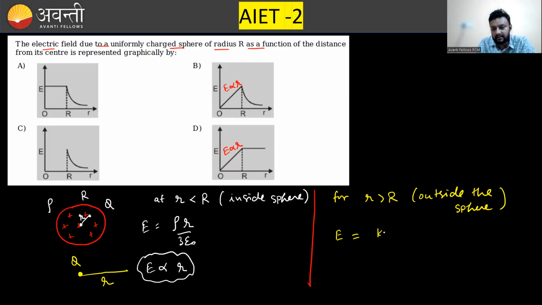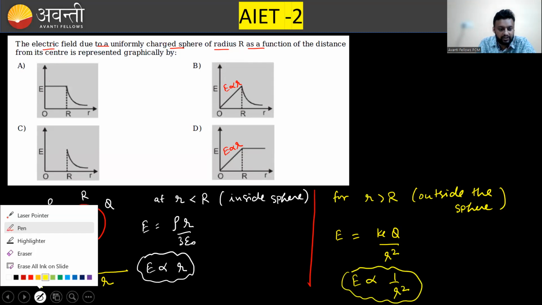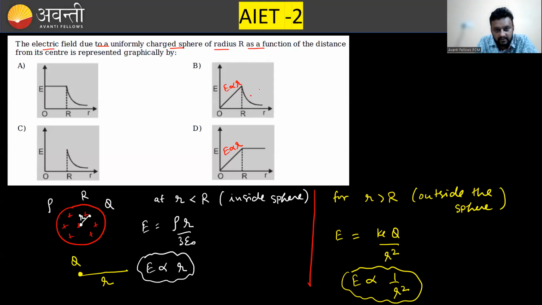So it is written as Ke, which is the electrostatic constant, Q by r square. So from here, you can conclude that E is inversely proportional to r square. So the graph of E proportional to 1 over r square is mentioned. This is the graph of E proportional to 1 over r square. So hence option B is the correct answer. Clear? I think it is quite a simple question.